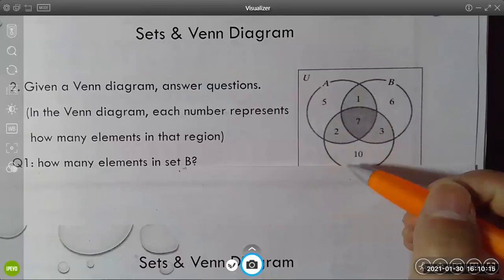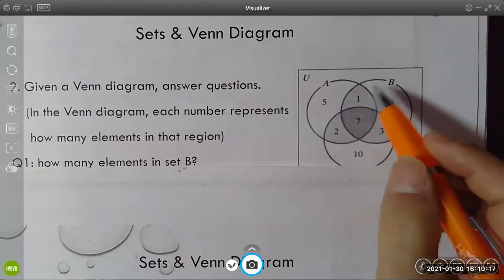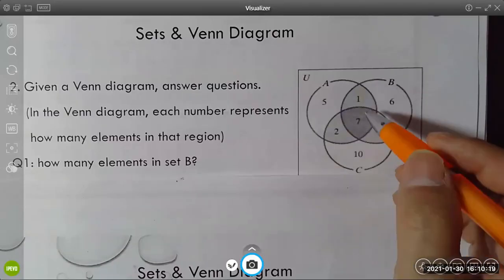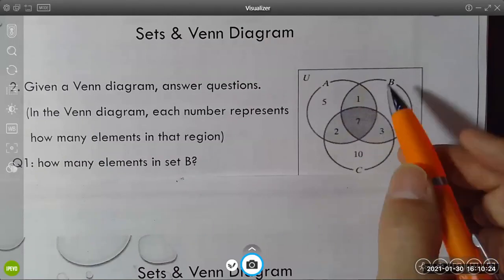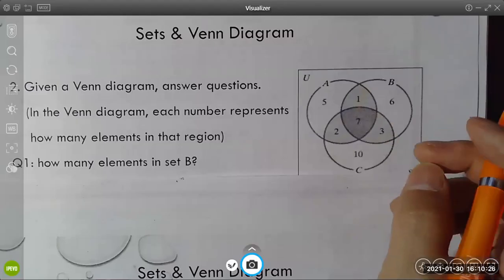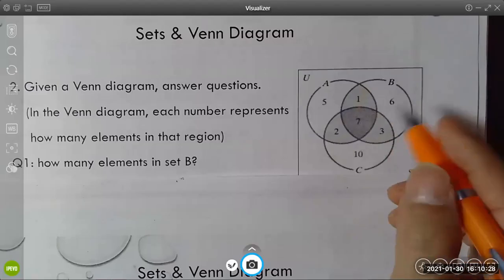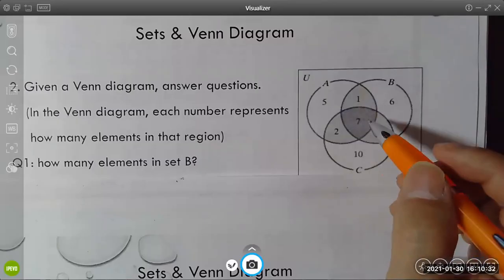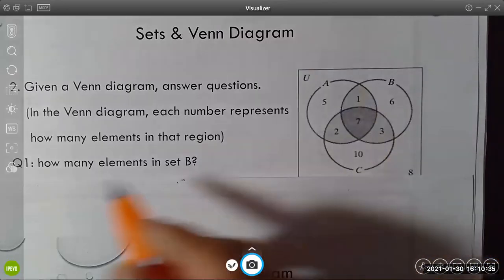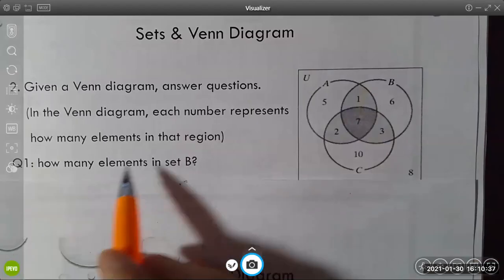Now, we have a 3-set Venn diagram, and these 3 sets actually have different regions. Later on, when we create Venn diagrams, we're going to talk in detail about the different regions in the Venn diagram. But for now, let's try to answer these questions one by one. How many elements are in set B?